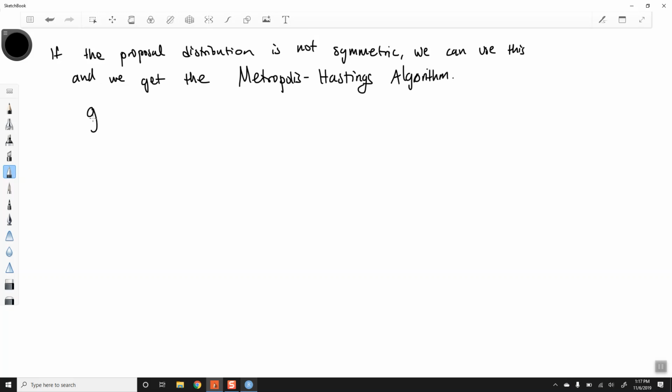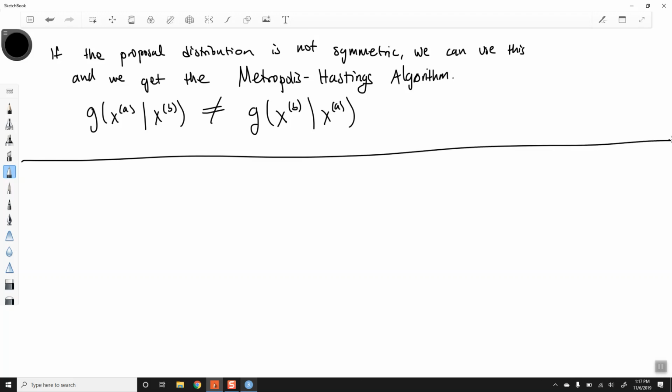That's to say that g of x, the probability of proposing a if you're currently at b, does not equal the probability of proposing b if you're currently at a. Anyway, let's first go back to the Metropolis algorithm, and then I'll talk about the Metropolis Hastings algorithm.